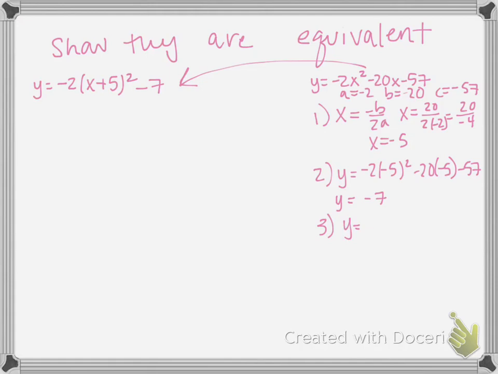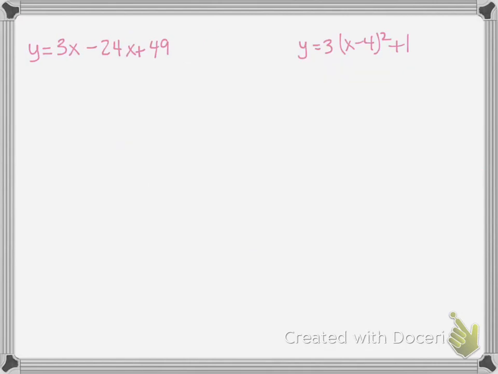So y equals, the a is negative 2. For x, we flip the sign when we put it in, and my other one stays normal. And that is the equivalent. Okay, you could have also done completing the square to get to it. It would take a little bit longer because there would be a GCF of negative 2 that you'd have to take out and move over and then bring back.